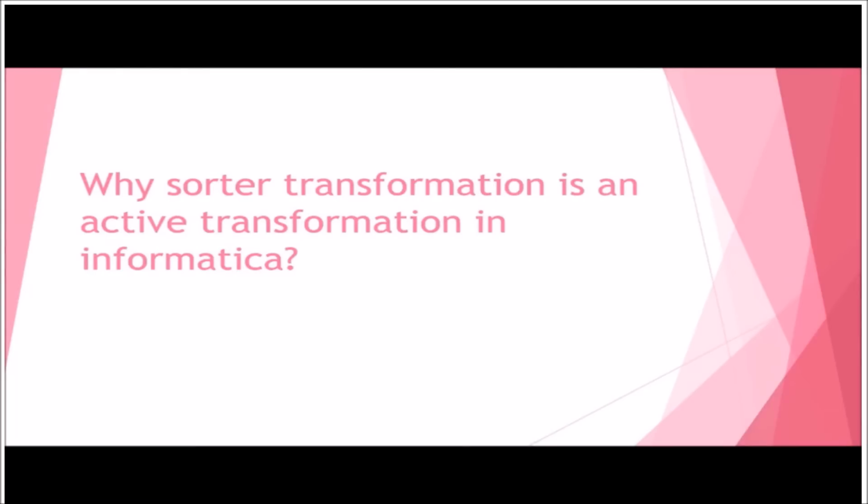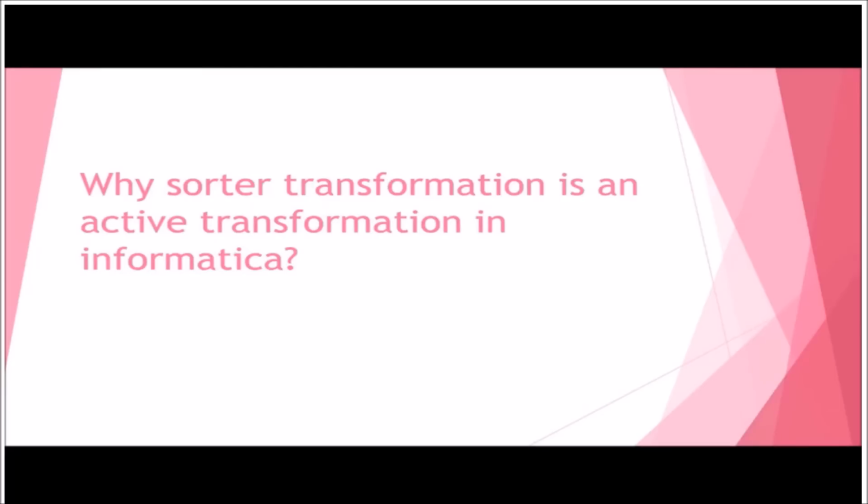If the interviewer asks this question, most people give the answer that the sorter transformation is an active transformation because it has the distinct option. If we check the distinct option, then the sorter removes the duplicates, so the number of rows will change. Yes, it's true, but it is not the completely correct answer.